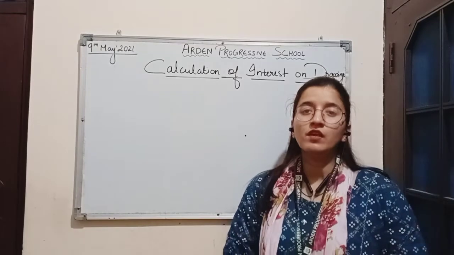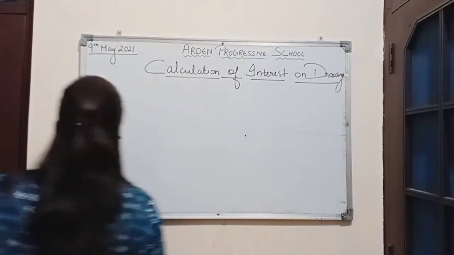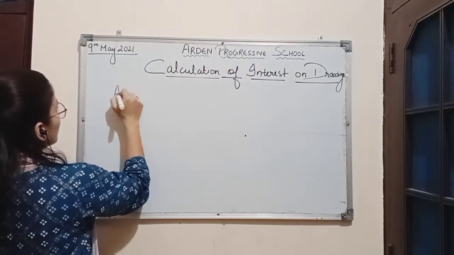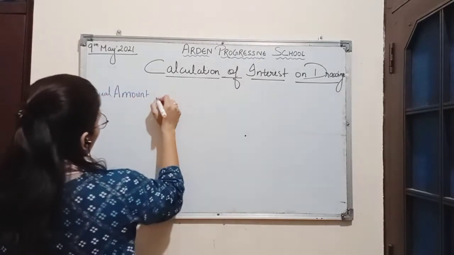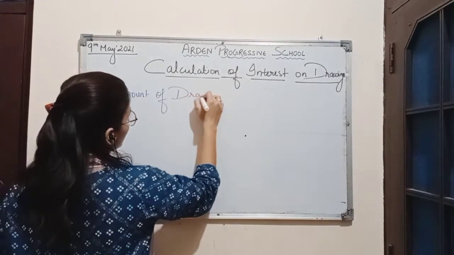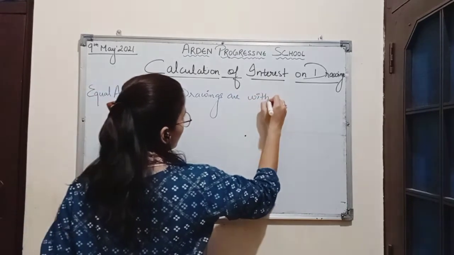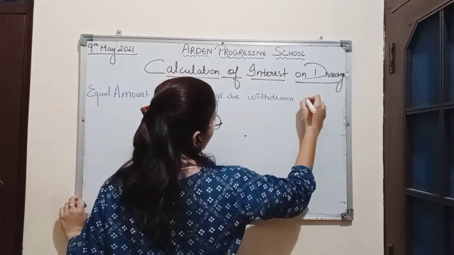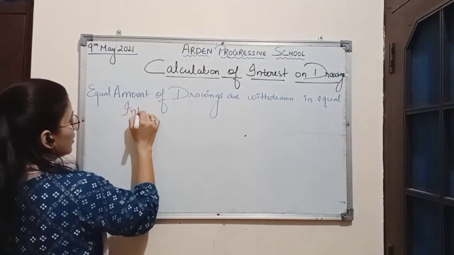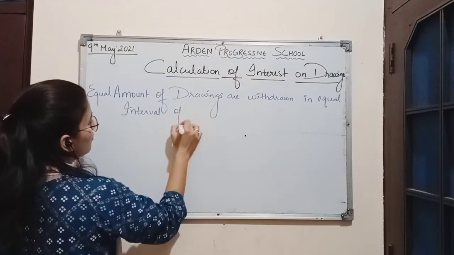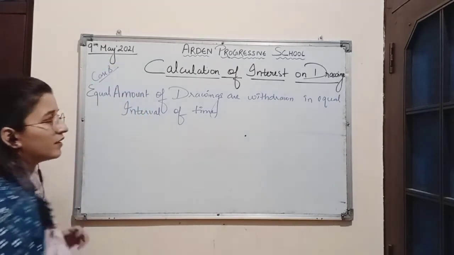Today we will learn how to calculate interest on drawings in the situation where equal amounts of drawings are withdrawn in equal intervals of time. This is case B.